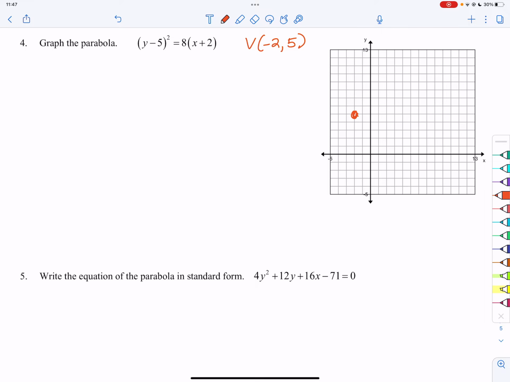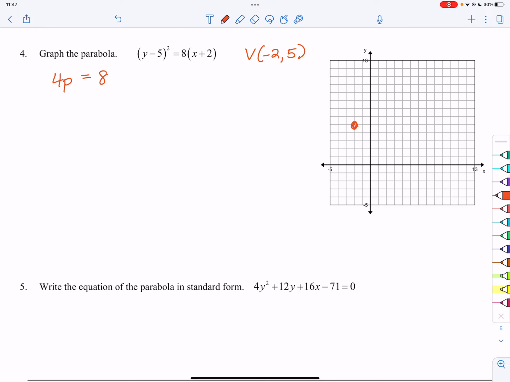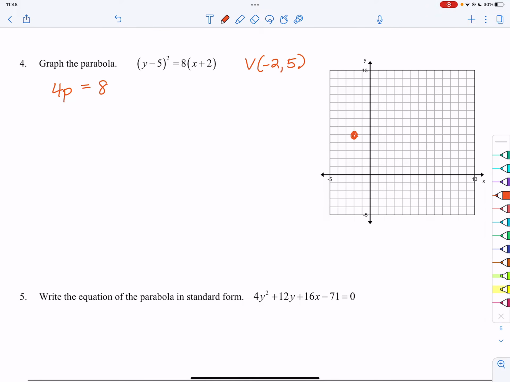Okay, so we know that you can see that we have 4p equal to 8. And remember, we used to have 4p with our y squared term. We would have 4px equals the y squared. So this 8 is what's going to be equal to 4p.